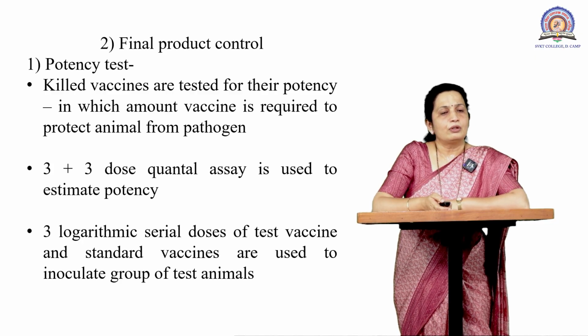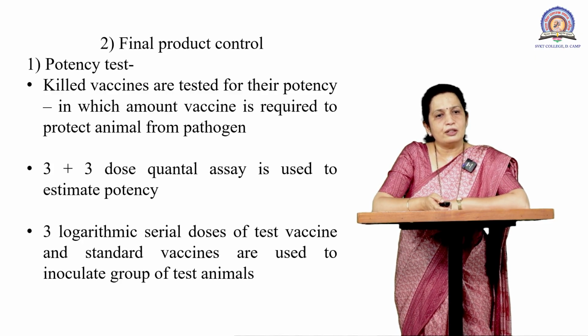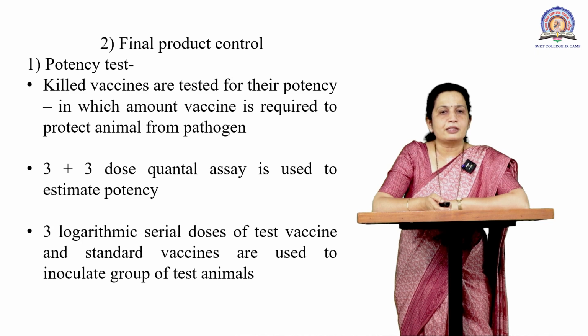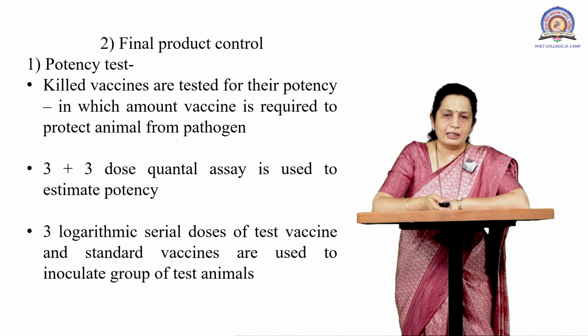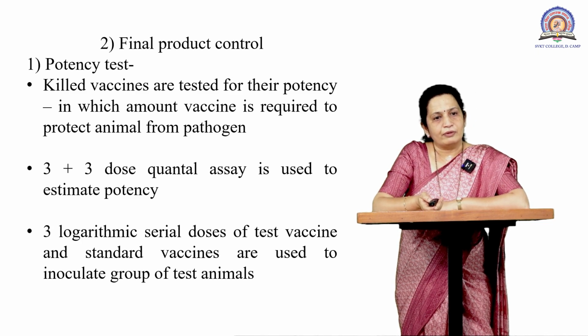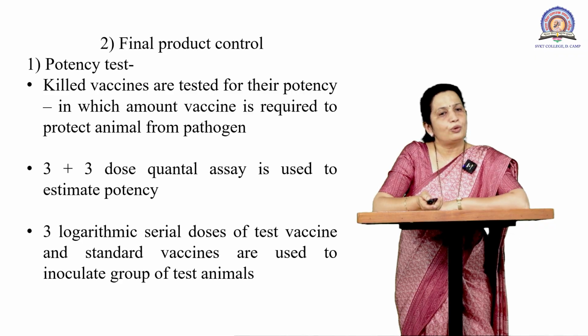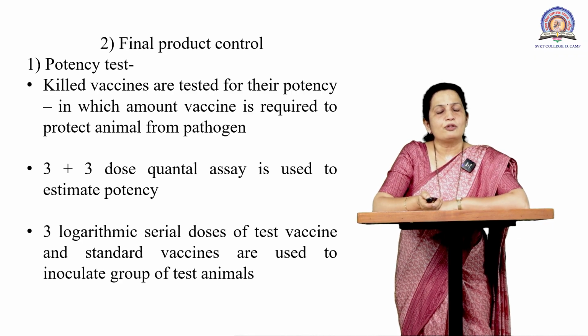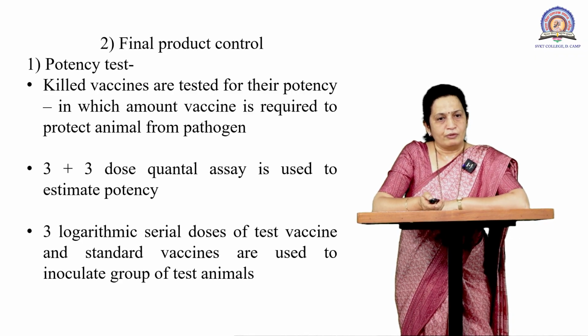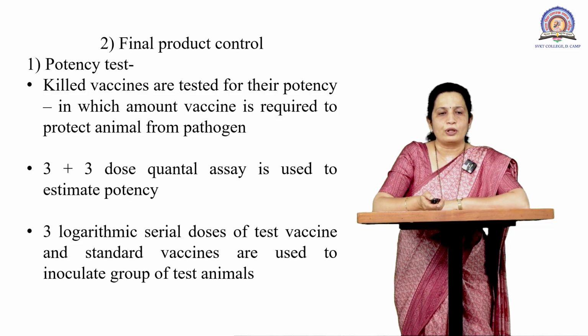Now what do we mean by logarithmic serial doses? Logarithmic dose means suppose the first dose is 1 ml, then the next logarithmic lesser dose can be 0.1 ml and again one logarithmic lesser dose is 0.01 ml. Means it is in the form of 10 raised to 0, 10 raised to -1 and 10 raised to -2. These are the logarithmic scale.